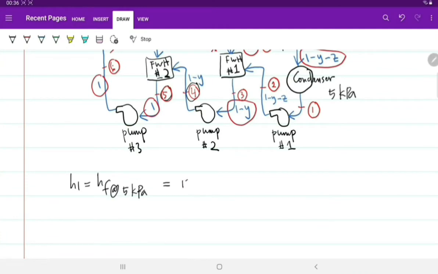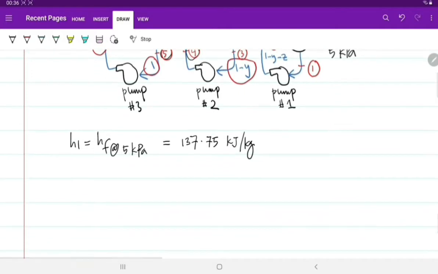137.75 kilojoules per kilogram. And at the same time, I can also find the specific volume, VF at 5 kilopascal.